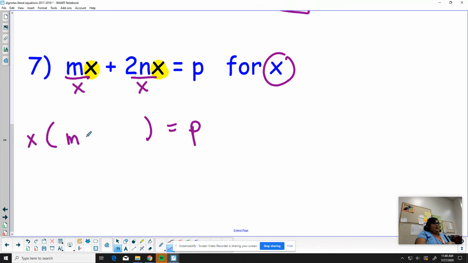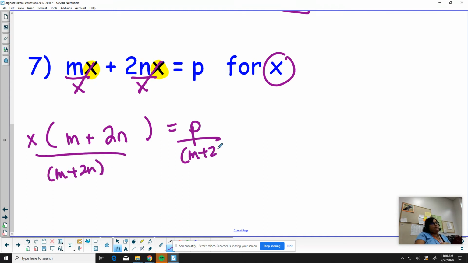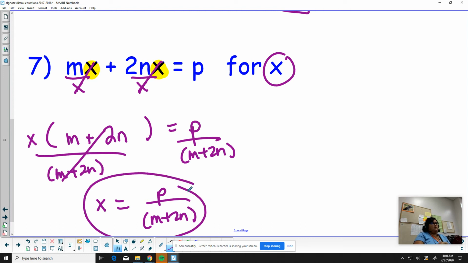So we're going to do m plus 2n because the x's are going to cancel for both. And there are things left over, so that's what's left. And then we're going to divide by that quantity, m plus 2n. And that's going to be our answer because those cancel. That's my answer. Hopefully you got that right.